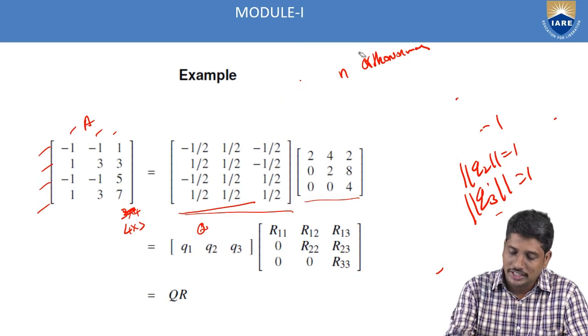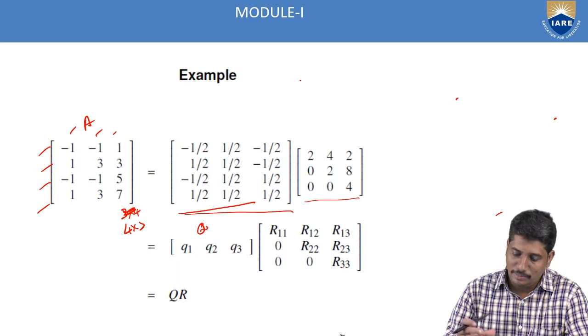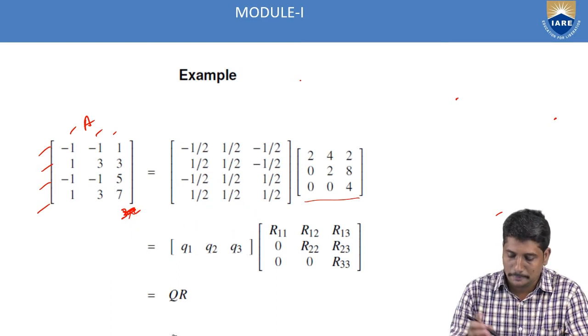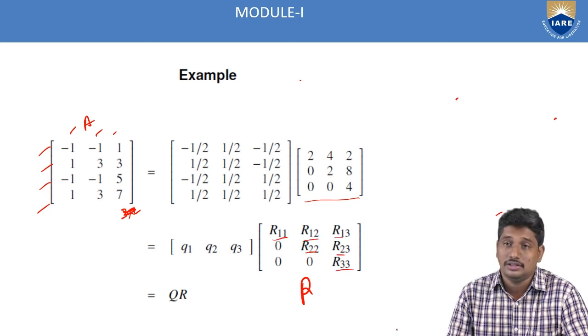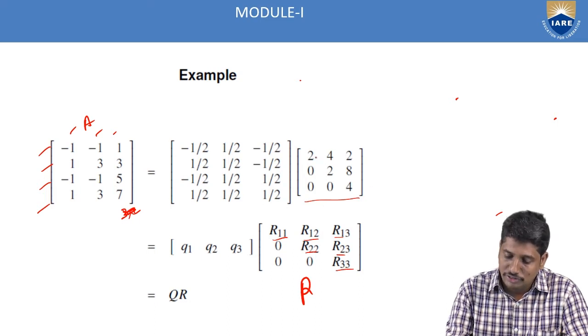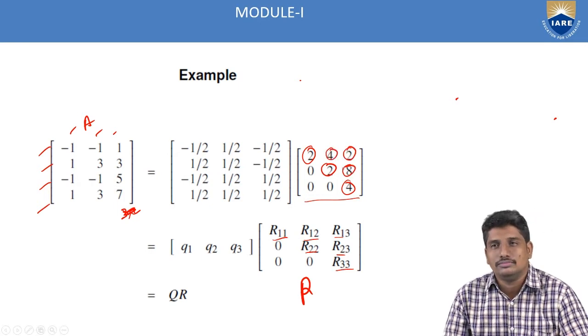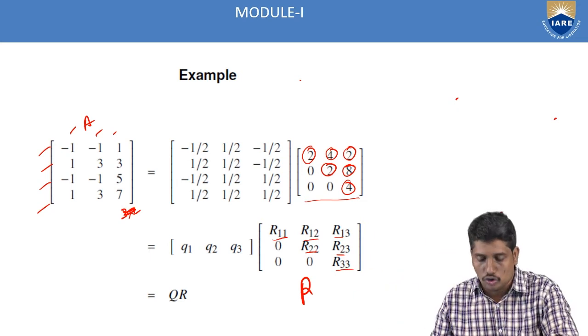Now, let us come to the second matrix R, where R is R11, R12, R13, R22, R23, R33, and here we clearly observe that the diagonal elements are non-zero and the elements above the diagonal are also non-zero.